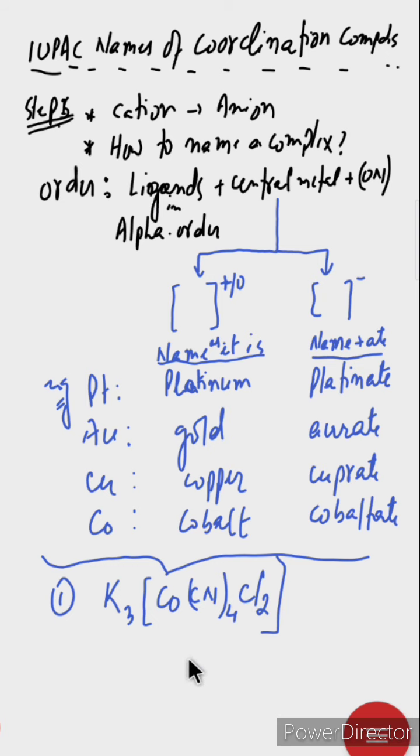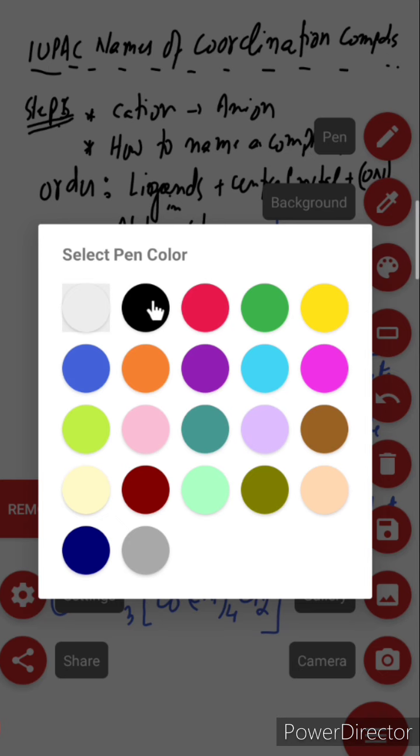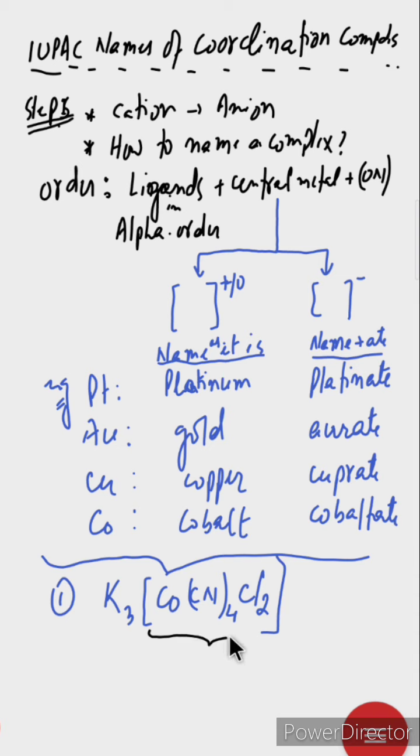This is the complex part, and this is the counterion. This counterion has a positive charge, and the charge on the complex is negative. This is the cationic part, and this is the anionic part.